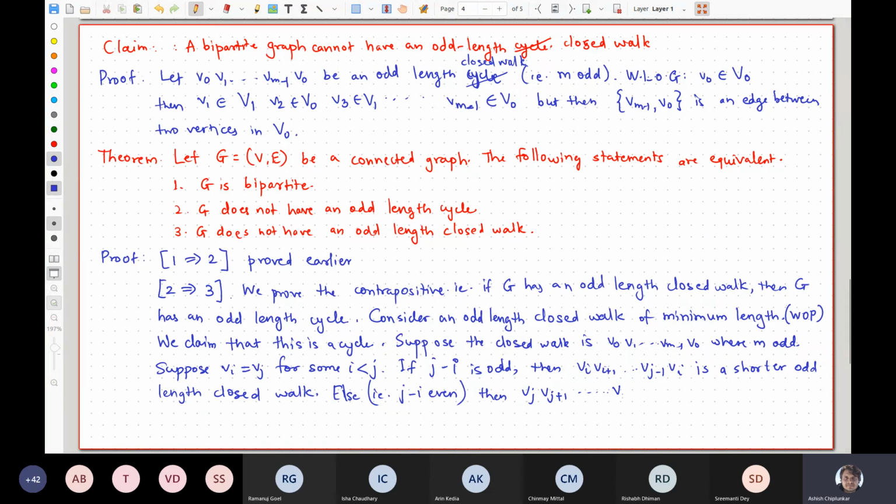So you have vm minus 1, v0, vi minus 1, vj, which is a shorter odd length closed walk.